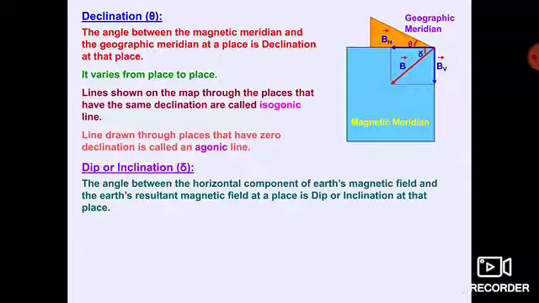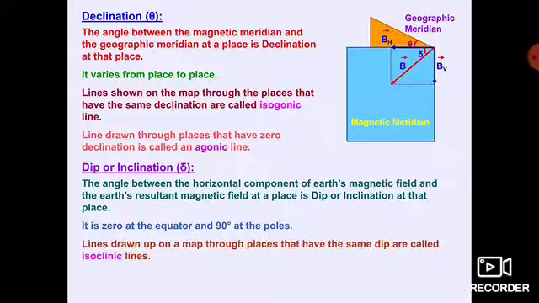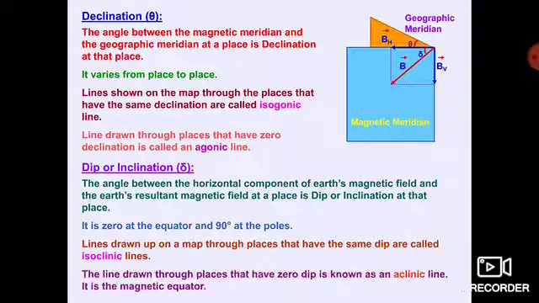The angle between the horizontal component of Earth's magnetic field and the Earth's resultant magnetic field at a place is the dip or inclination at that place. It is 0 at the equator and 90 degrees at the poles. Lines drawn upon a map through places that have the same dip are called isoclinic lines. The line drawn through the places that have zero dip is called the aclinic line. It is the magnetic equator.